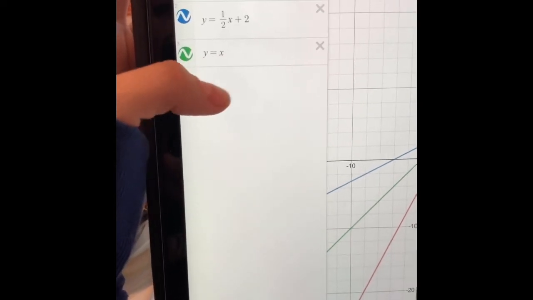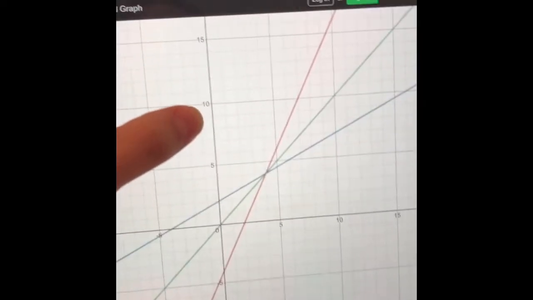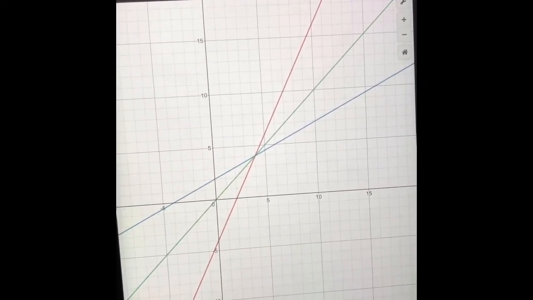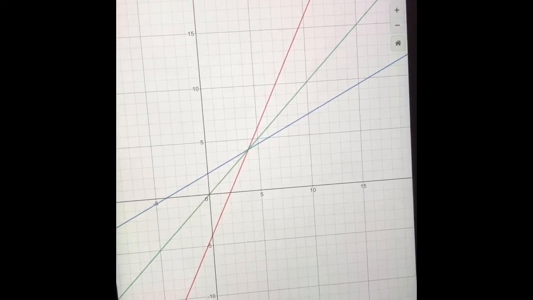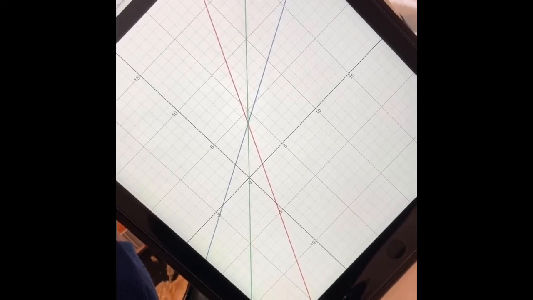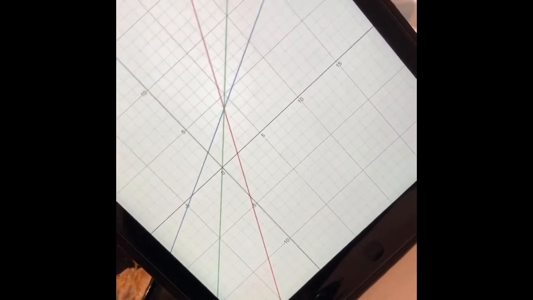So we should end up with y equals x if they're inverses of each other. So they should reflect across that green line. If you look, they definitely reflect across that green line. If you turn it to the side, you can see that the red function and the blue function reflect across the green line, the function y equals x, okay?